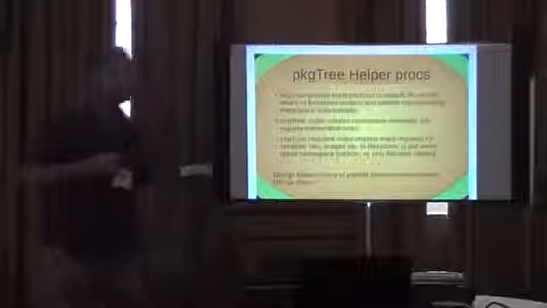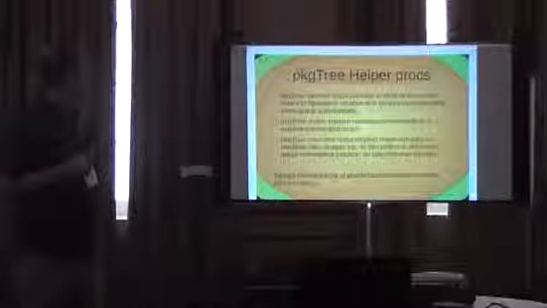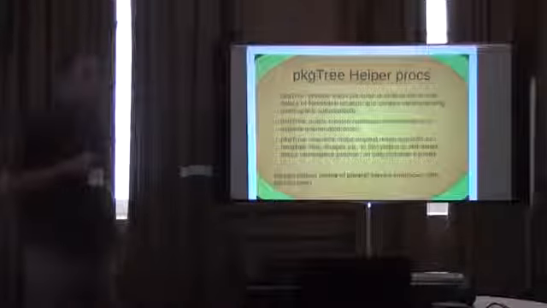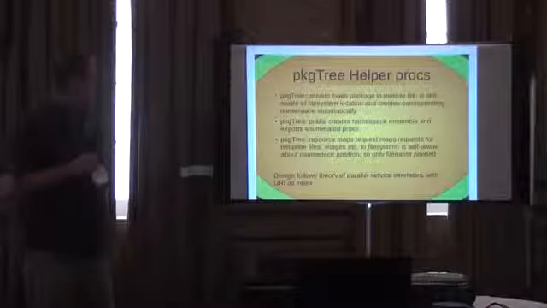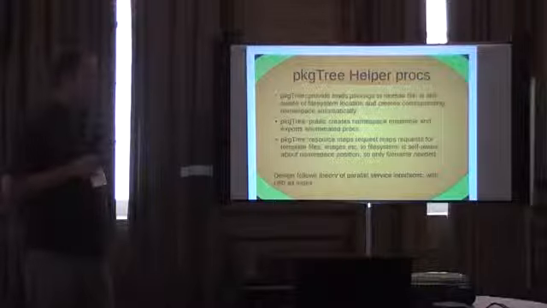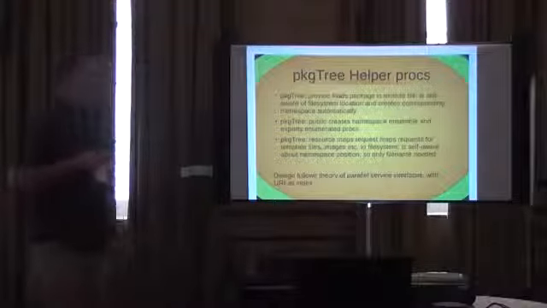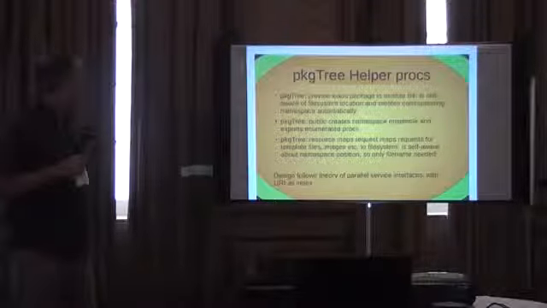So these are some helper procedures that the package tree package provides. For example, the provide procedure: since the name of the package and the namespace of the package can be introspected from the file that it's being called from, you don't need to specify that stuff within the file itself.